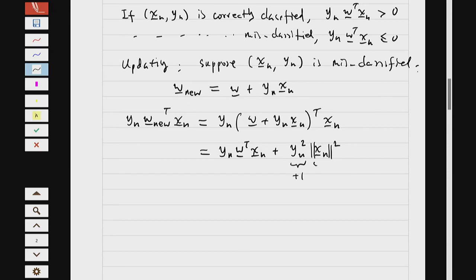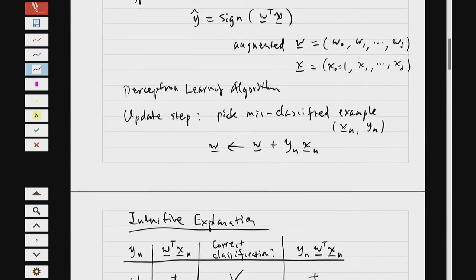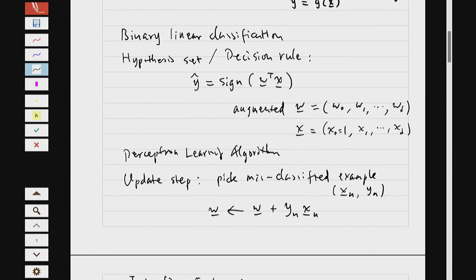How about this 2-norm of Xn? Is it positive, negative, non-negative? It's a square, so first of all, it cannot be negative. But can it be 0? Remember, our xn is the augmented xn.